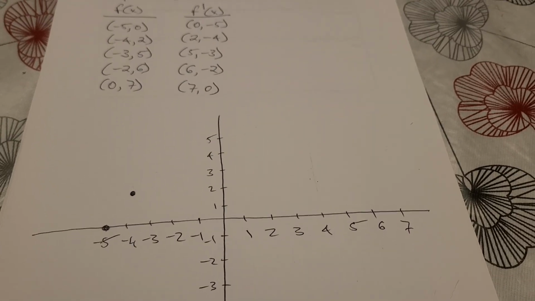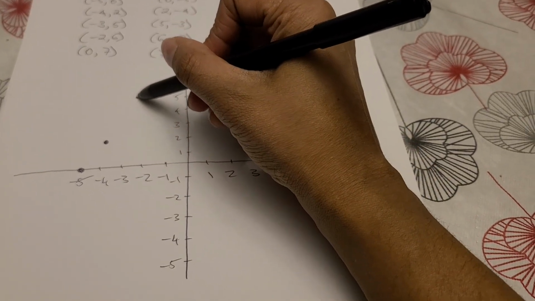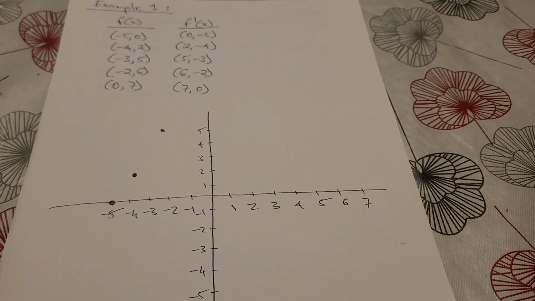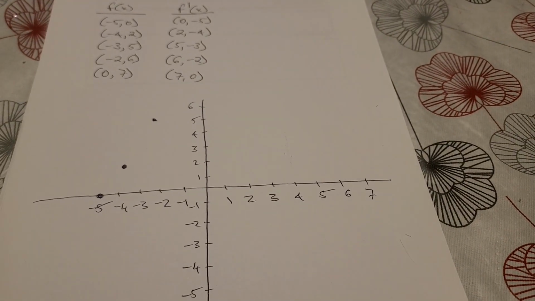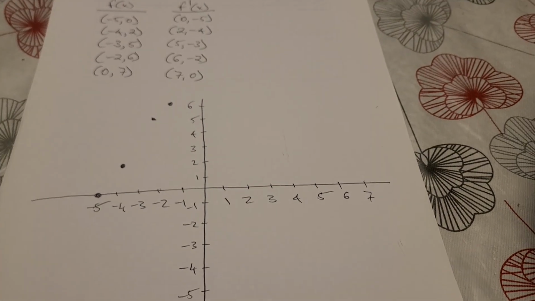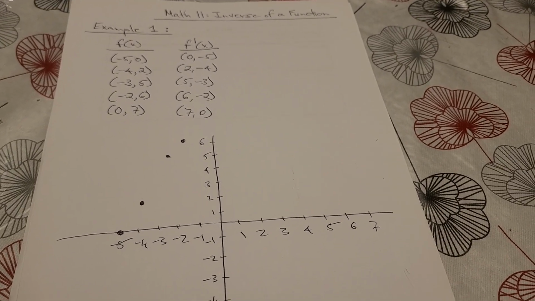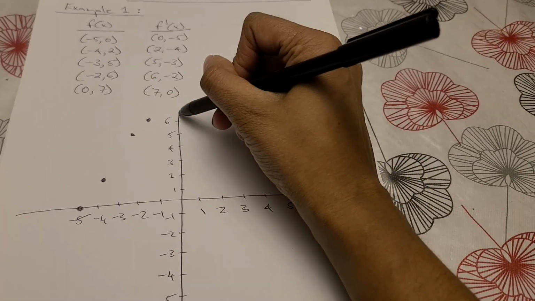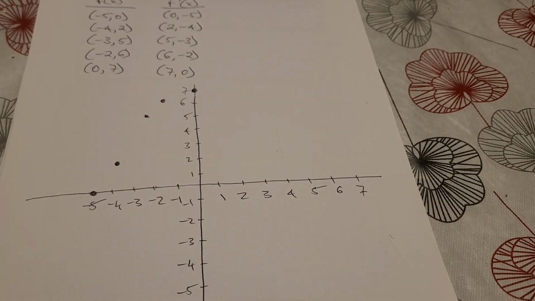The next coordinate is -3 and 5, which is up here. And then -2, I'm just going to add a 6. So -2 and 6. Of course, if you have graph paper, make sure you are always doing all the questions on graph paper. And the last point is actually 0 and 7. Okay, so it looks like this.